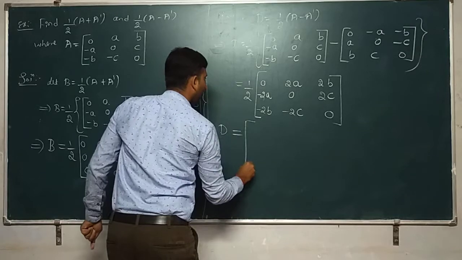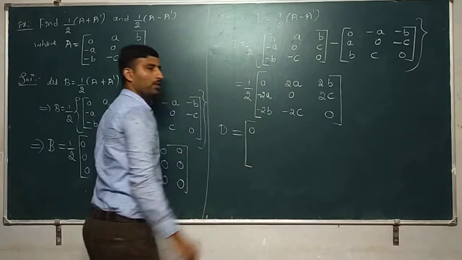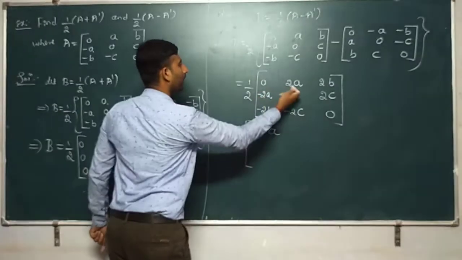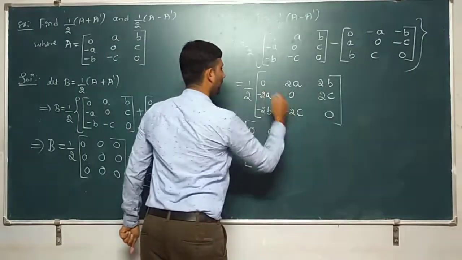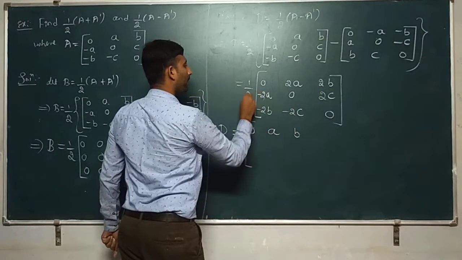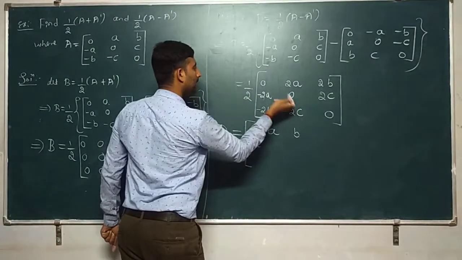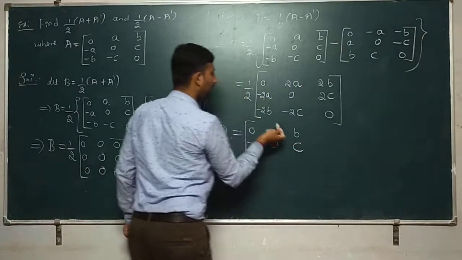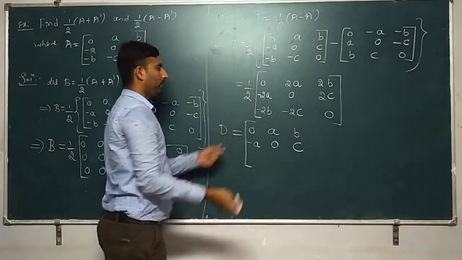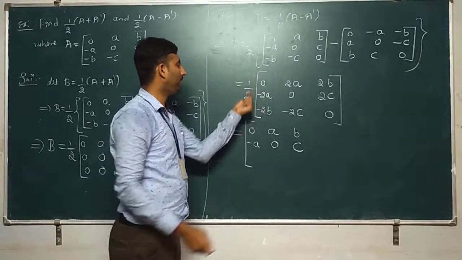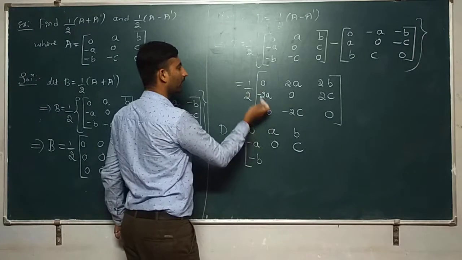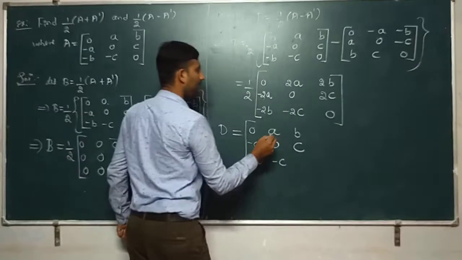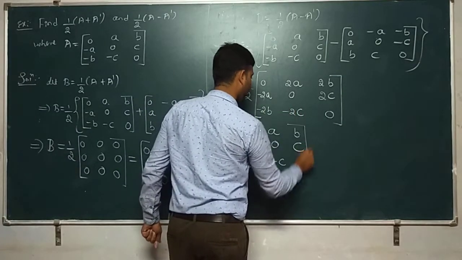Which is D, nothing but, look at the value: half into 0 is 0, 2a by 2 becomes a, 2b by 2 is b, minus 2a by 2 is minus a, 0 is 0, 2c by 2 is c, minus 2b by 2 is minus b, minus 2c by 2 is minus c, 0 is 0.